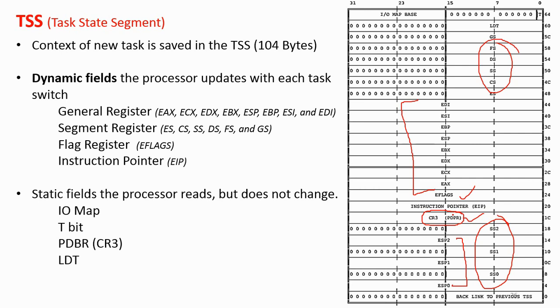The page directory can be changed for each task. Similarly, we have the LDT that can change on a per-task basis. So as the task changes, the LDT can be changed, and to locate the LDT we will require this CR3.